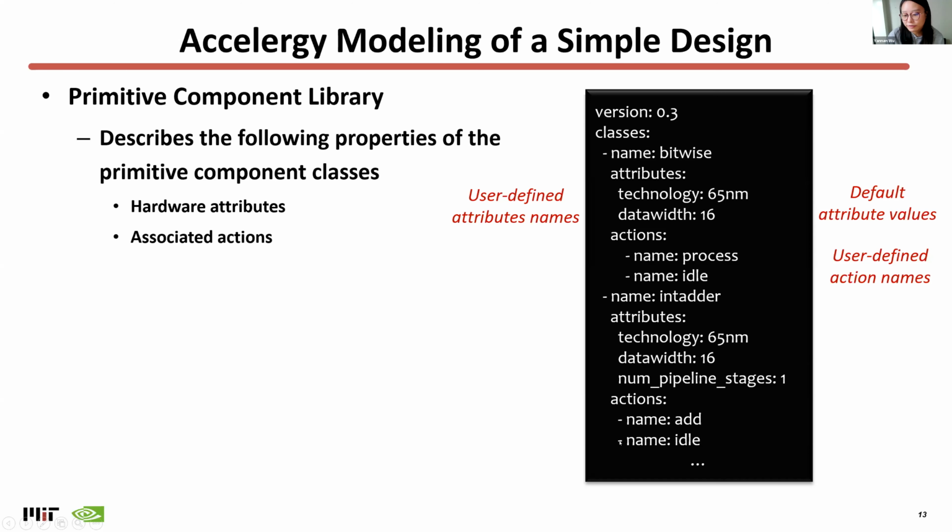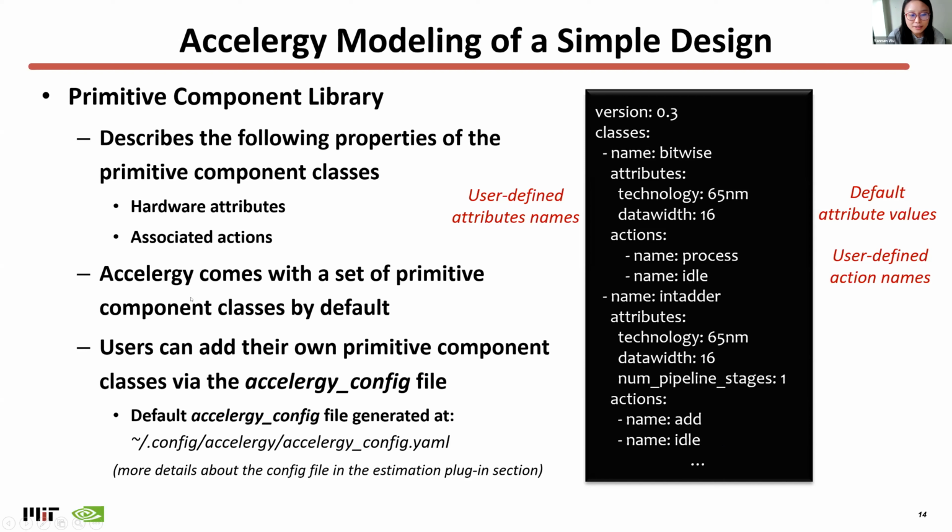So you can define various types of actions for your primitive component classes. And note that all of the names of the attributes and actions are user defined. So if you have your own special primitive component class, you can give them arbitrary attribute names and arbitrary action names as you want. And Accelergy will be able to understand what you mean.